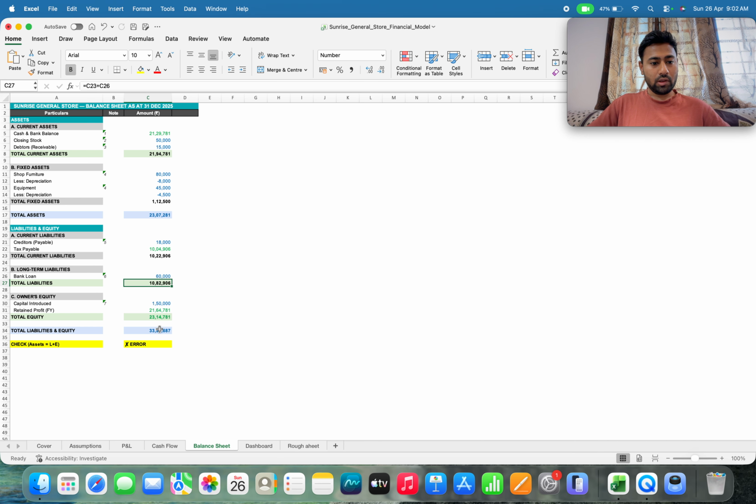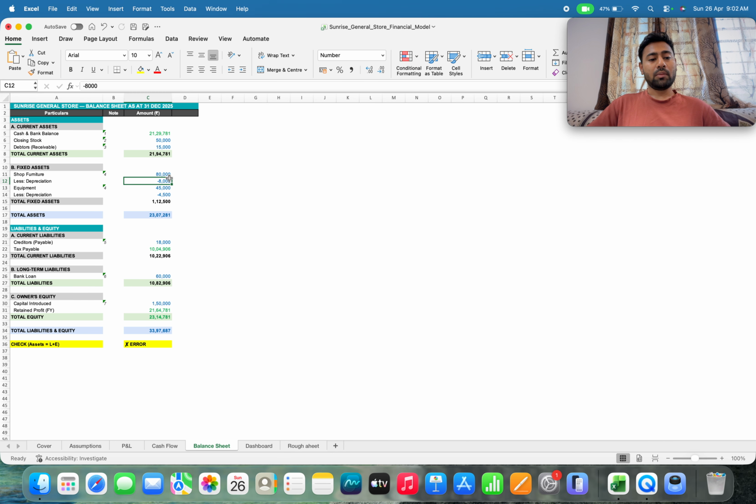We have equity and we have assets. So we have cash and bank balances, closing stock, debtors, receivables. We get the total current assets. We have fixed assets 80,000 less depreciation. We are calculating depreciation on a straight line method, that is 10% per year.